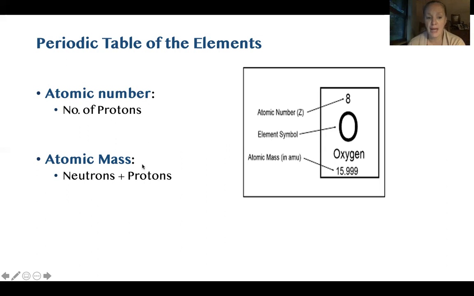The atomic mass is the number of neutrons plus protons. So here we see the atomic number for oxygen is 8, meaning it has 8 protons. Its atomic mass in atomic mass units is 15.999, or for all intents and purposes is 16. And you will see that 16 minus the 8 protons will give us 8 neutrons also.